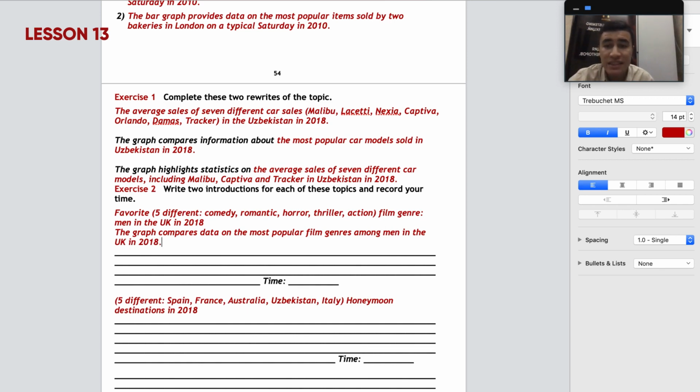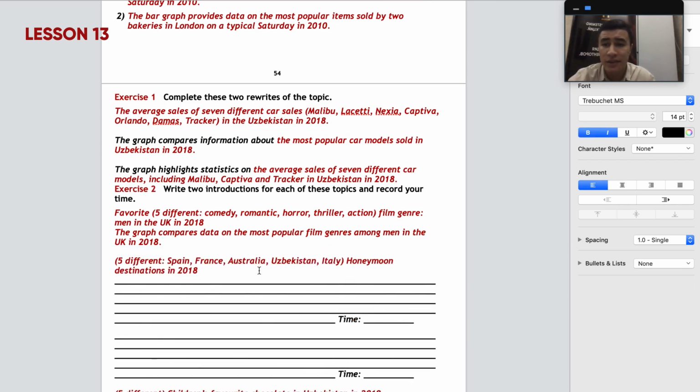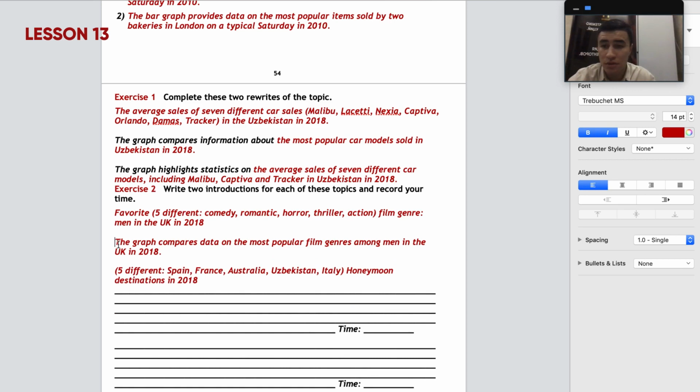The graph compares data on the most popular film genres among men in the UK in 2018. This is the first version, okay? And the second version, just 1 second.